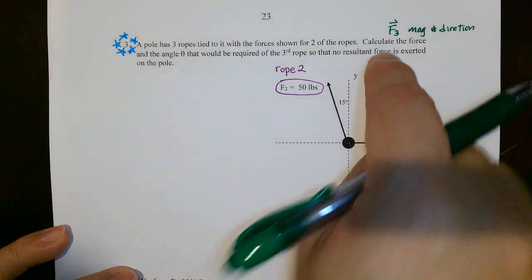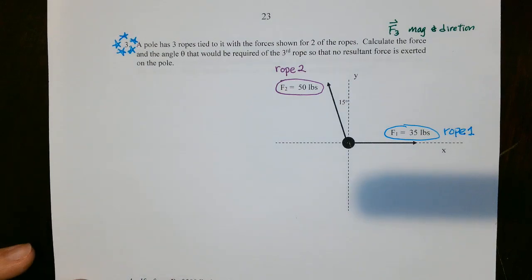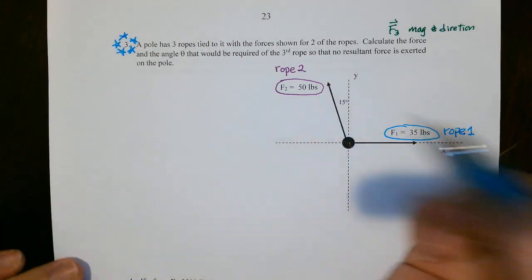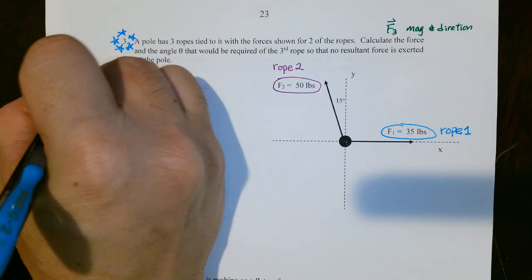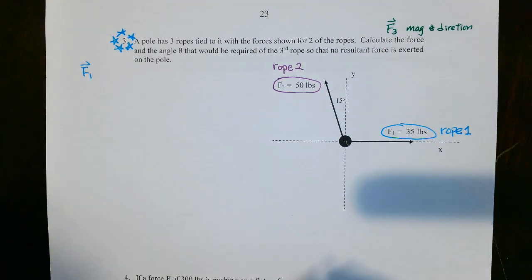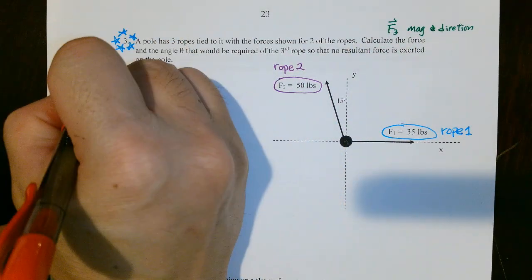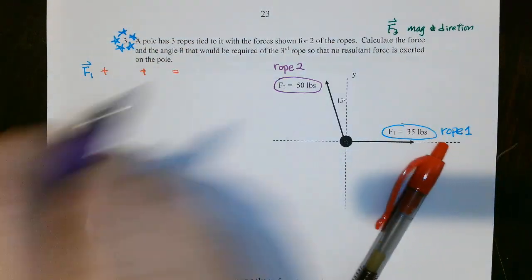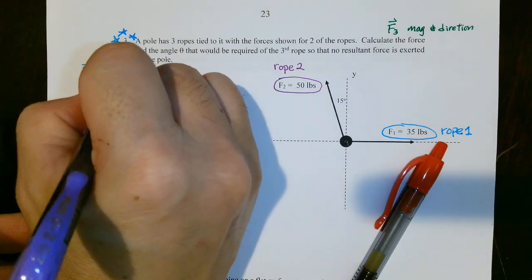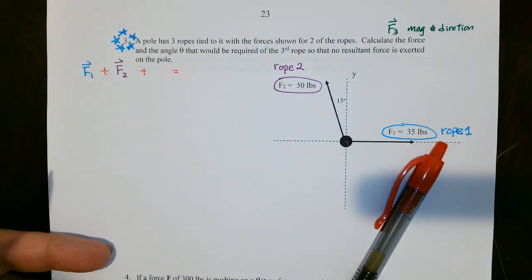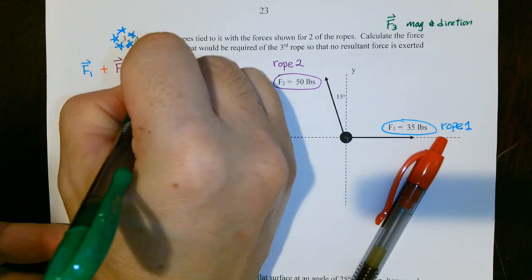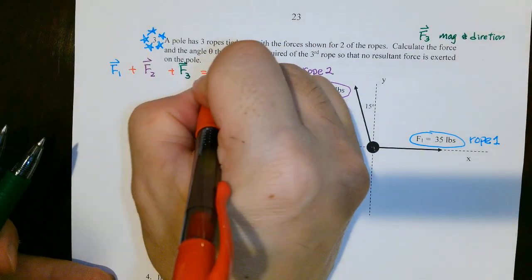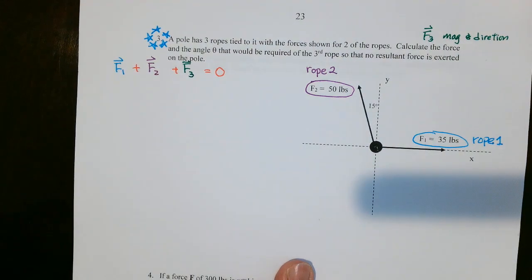So what that means is if I add up all these three forces, force 1 plus force 2 plus force 3, the resultant should equal 0.